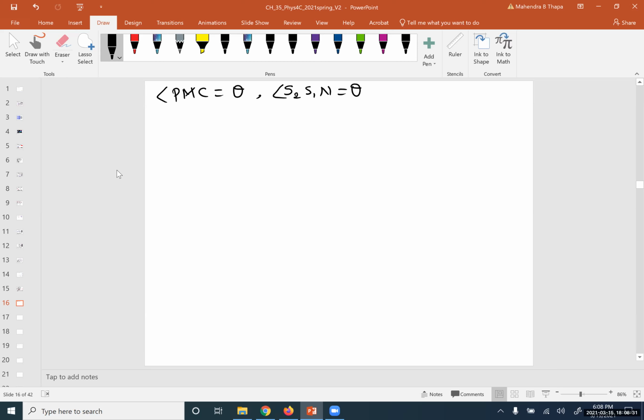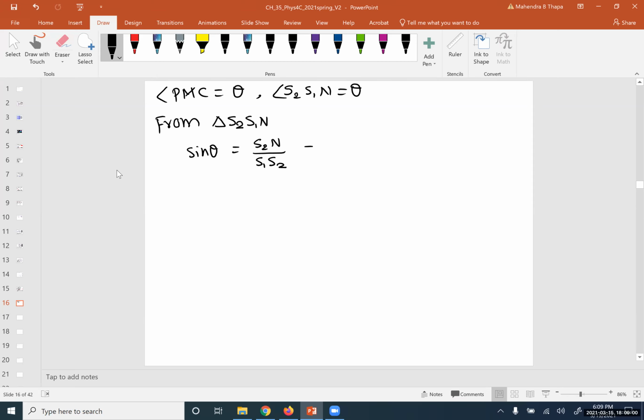Okay, so you can use our general concept of geometry from triangle S2 S1 N. I can define sine theta, which will be S2 N over S1 S2.